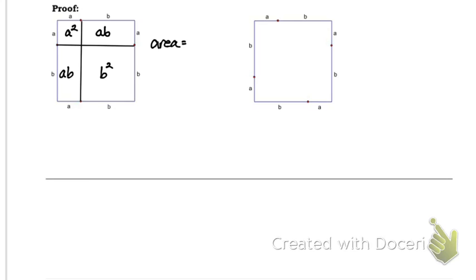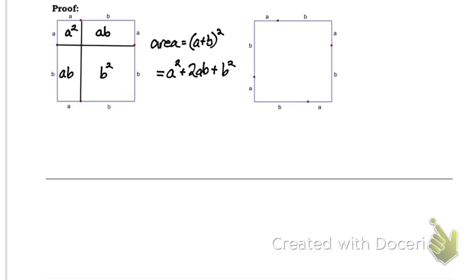Area either equals A plus B squared, because that would be A plus B times A plus B. The other way you can write the area is just add all of these sums together, which you could also FOIL and get the same answer. So area can also be written as an A squared plus the two ABs plus that B squared.